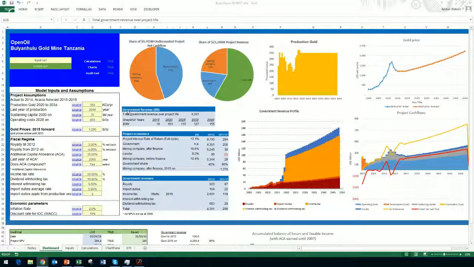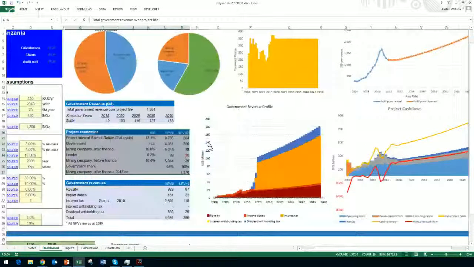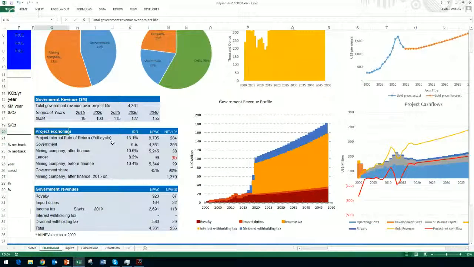Immediately to the right of those parameters, you see a tabulation of key results. The key table I've just highlighted, and I'll enlarge a little bit, shows a summary of the project economics: the project results before applying the fiscal system, what the government should receive over the life of the project, and what the mining company receives. We've modeled some of the finance the company has taken out, and we calculate here the government share, and we'll come back to interpreting those results a little later in the conversation.